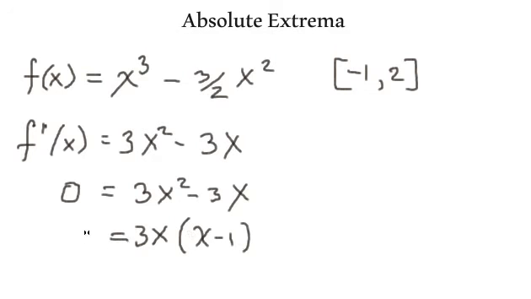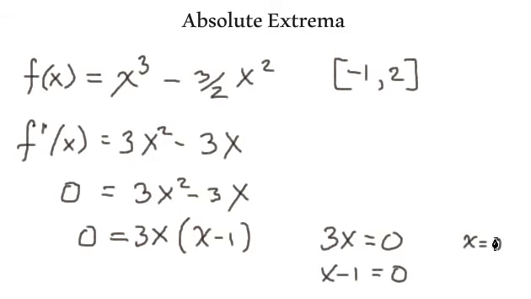Hopefully you're up on your algebra. Then I'm going to set each factor equal to 0. To get these critical numbers, the solution to the first equation is x equals 0, and the solution to x minus 1 equals 0 is x equals 1.